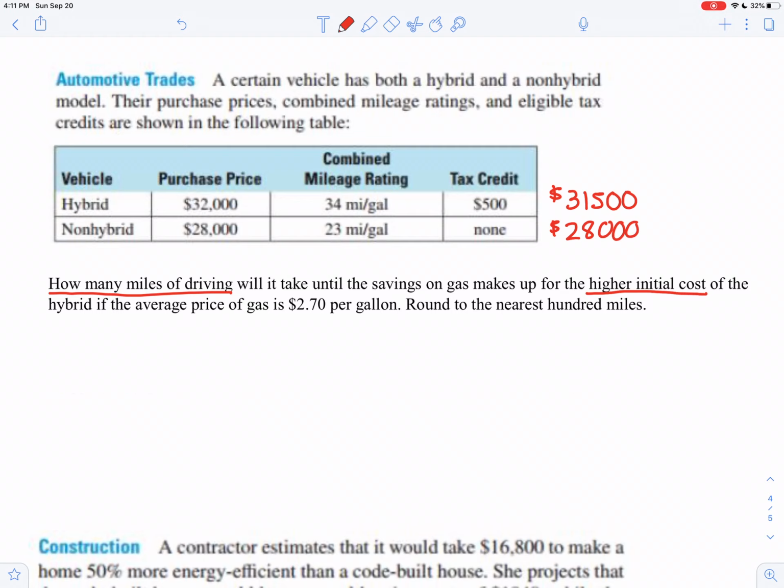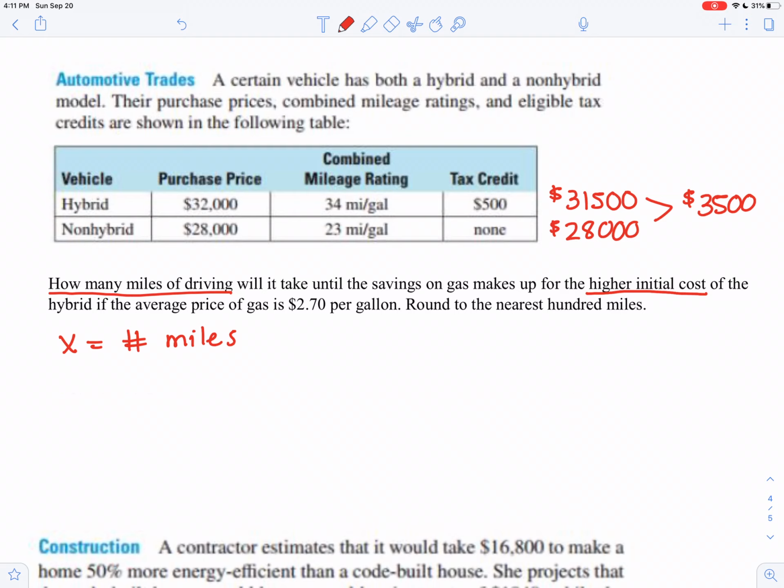And that means the difference in the initial cost is $3,500. That's what I'm trying to make up, and I want to know how many miles of driving will make up for that higher initial cost.